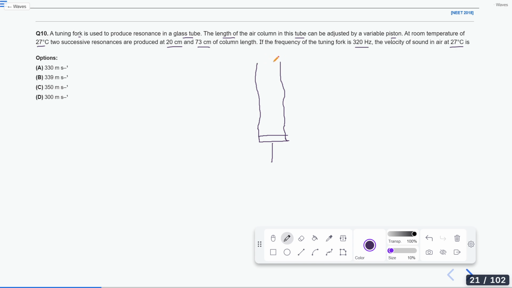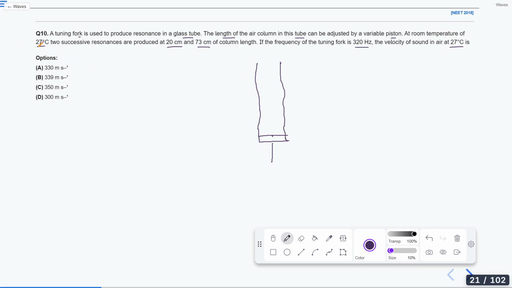So the length of this air column above that piston can be adjusted with the help of the piston, from the top of the glass tube to the piston. That piston is assumed as the closed end of this organ pipe, so that means it is a closed organ pipe, and the length can be adjusted.